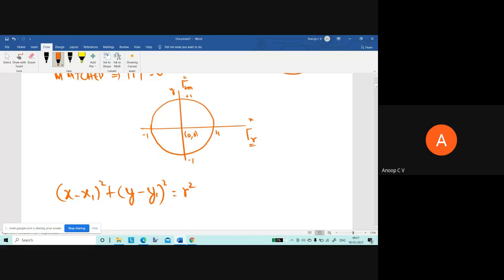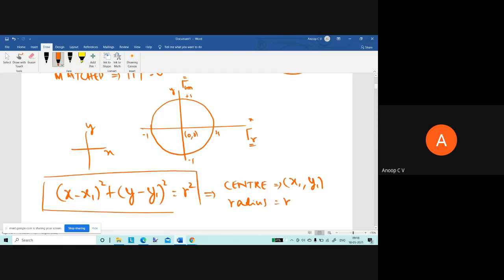The center will be x1 comma y1. This is how you can represent a circle in the xy plane, a 2D plane. The center will be x1 comma y1 and the radius will be equal to r. So this is the general equation of a circle in the xy plane.